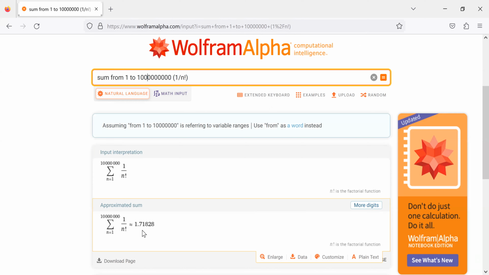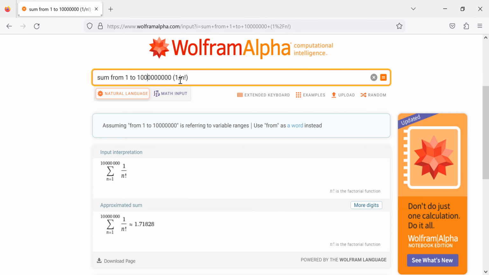Maybe instead of 1.71828, our approximation will suddenly be 2.9 something. And in a mathematical sense, that's true because we have no idea how close this approximation is to our answer. Maybe we're actually not close at all.